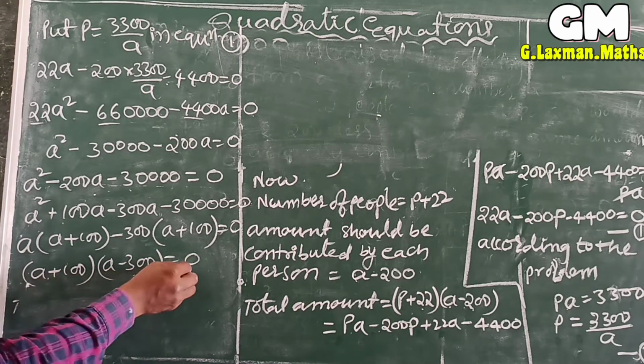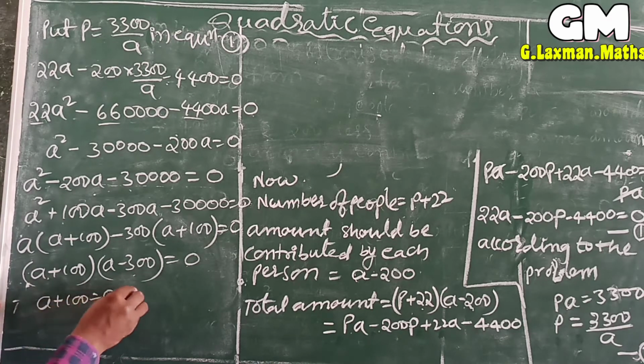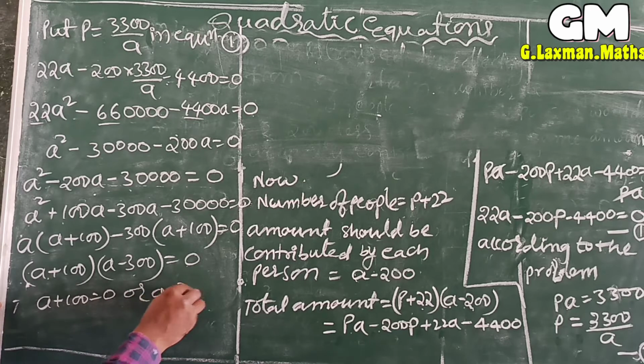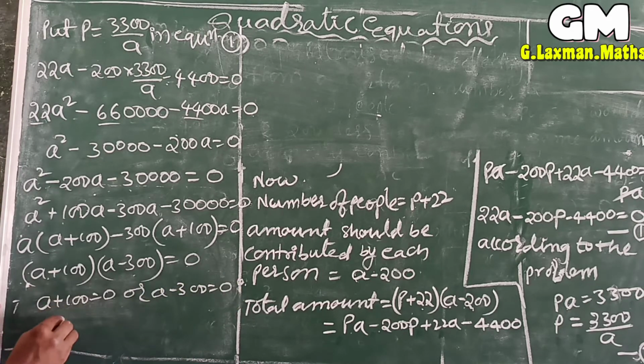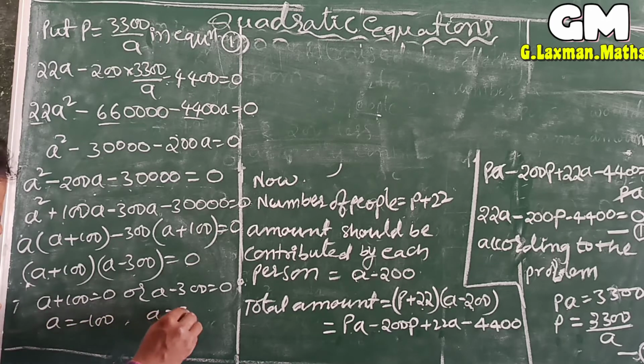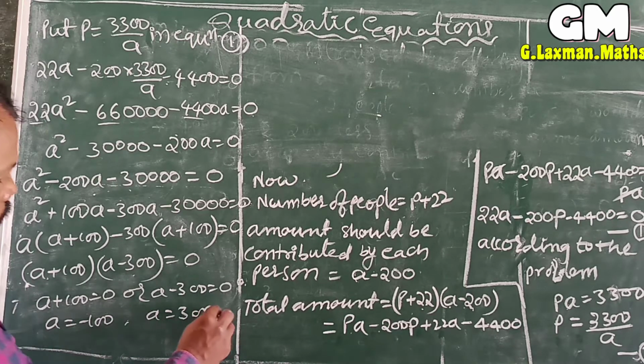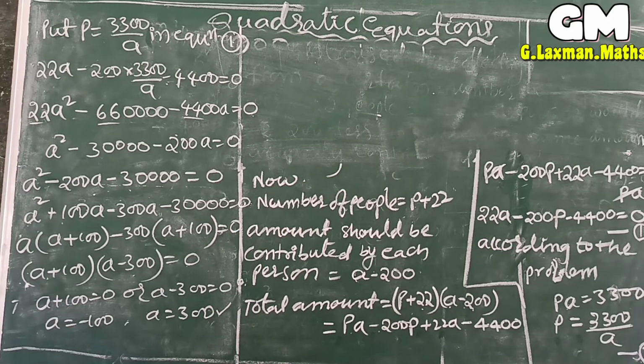The product is equal to 0, so any one of them must be equal to 0. Then A plus 100 is equal to 0 or A minus 300 is equal to 0. So A is equal to minus 100 or A is equal to 300. We know that the amount cannot be a negative value, so we take A is equal to 300.